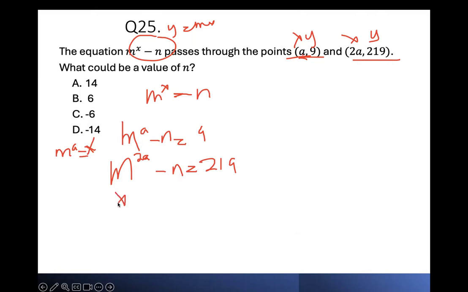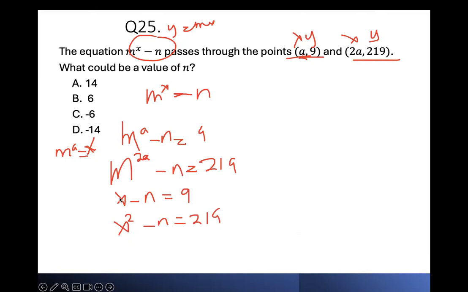So this will become x minus n is equal to what? 9. That's the first equation. Now it's comfortable, right? You can see it much better. This one also will become what? X to the power 2 minus n is equal to what? 219. Now I have two equations.